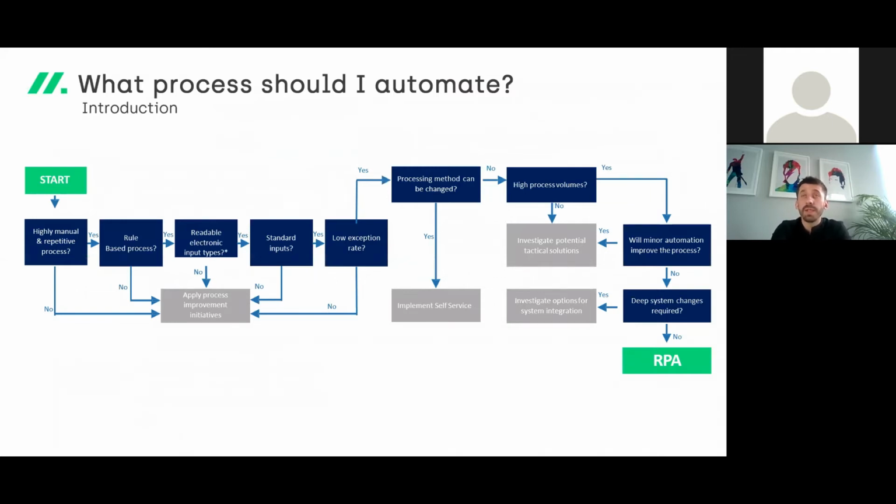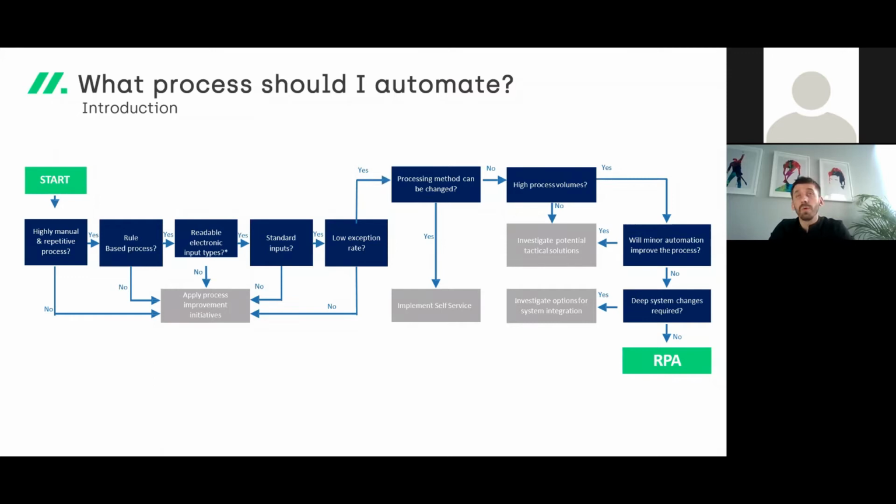When we are considering a process to be automated, when we think that a particular process in the company is a good candidate for robotization, we can go through this kind of flow and ask ourselves a couple of questions. So let's say we have an example process, and we would like to answer whether it's a good candidate for robotization. The first question is whether the process is highly manual and repetitive.